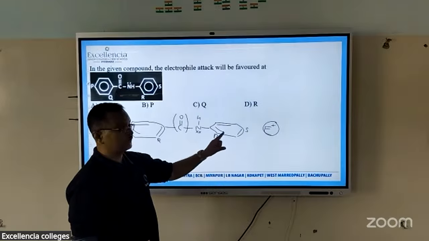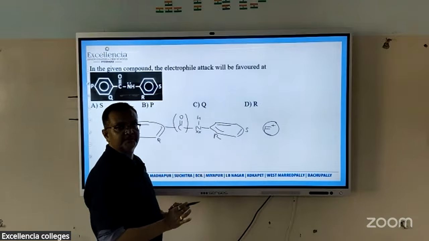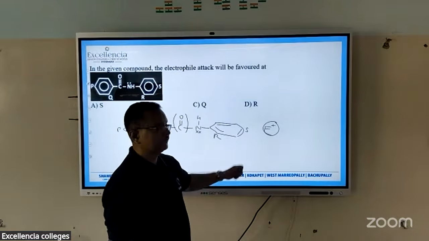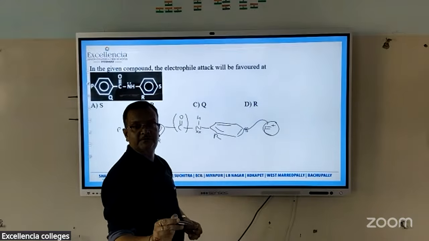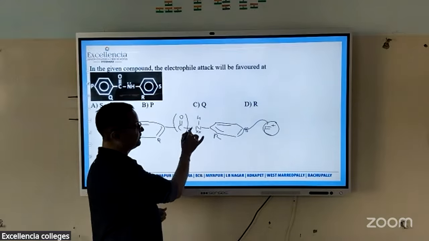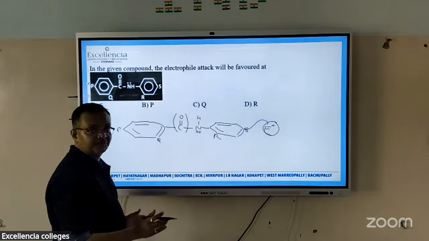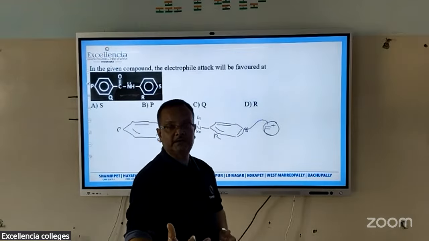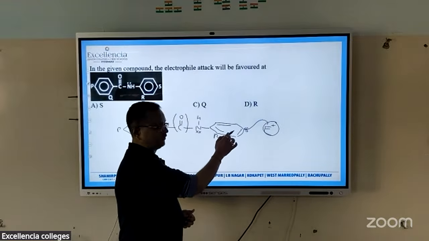It directs to the ortho and para positions. But because at the para position there is no steric hindrance, the electrophile can better attack at this para position because of the more activating effect of the NH group. So this will dominate over the CO group. It would direct to the meta position, but in comparison NH is more activating and CO is deactivating. So NH is dominating and directing the electrophile to the para position.